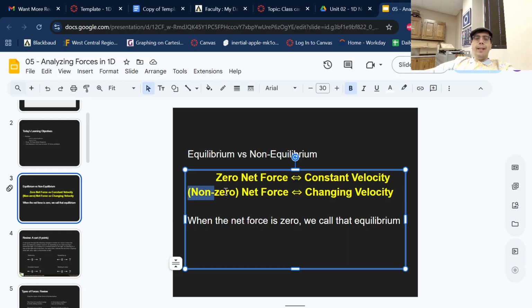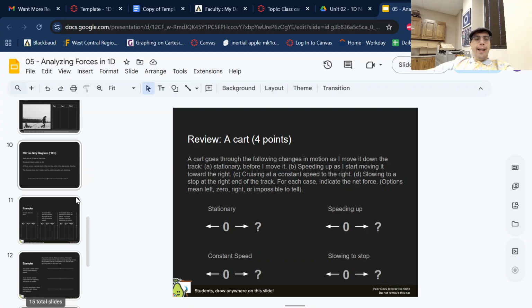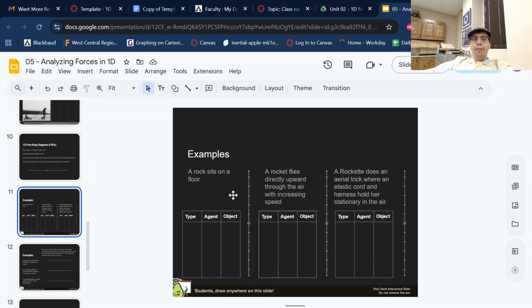Or if it's not in equilibrium, that's to say there is a net force, then the velocity must be changing. There must be an acceleration. And so our analysis is of the form of determining whether the net force points one way or the other, and then using that to make inferences about the forces.